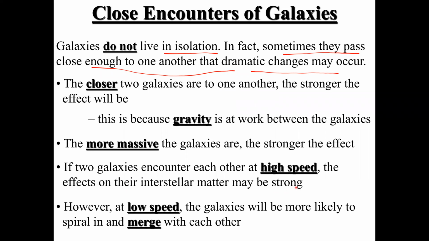Remember that inside each galaxy you have stars and interstellar matter, right? So when they encounter each other, what is more probable is that the interstellar matter will interact with each other, not the stars, because the stars are vastly separated from each other. So there is a very low probability that stars collide with each other.